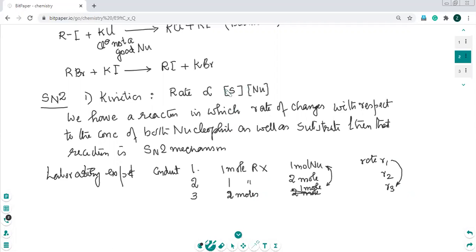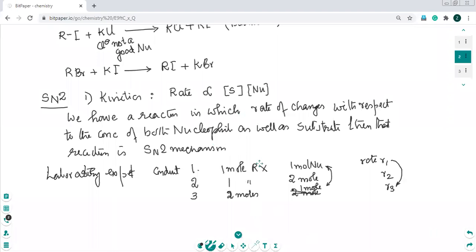So the rate of this reaction is proportional to the concentration of substrate as well as the concentration of nucleophile. If you get such a result, in which the rate is dependent on both, you can say it is an SN2 reaction.